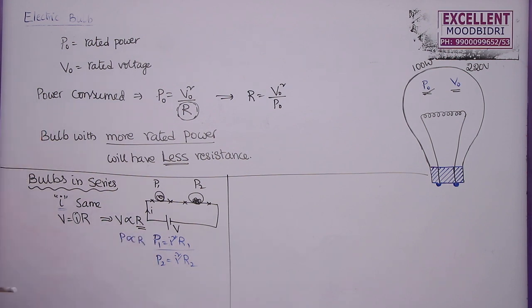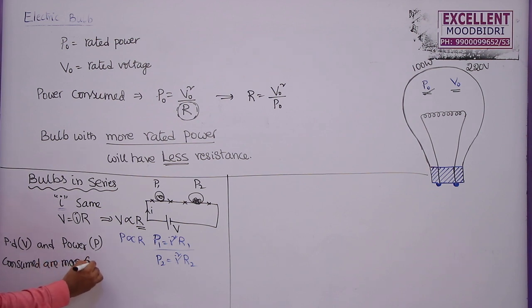So what is the conclusion here? Whenever bulbs are connected in series, the voltage and power consumed will be more for the bulb having more resistance. So the potential difference between the two ends of the bulb and the power consumed are more for the bulb having high resistance.